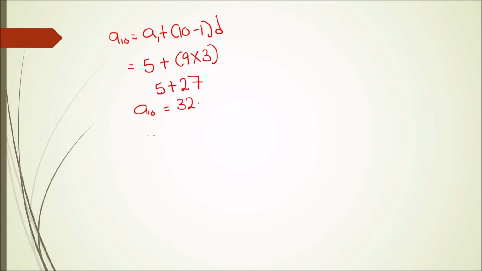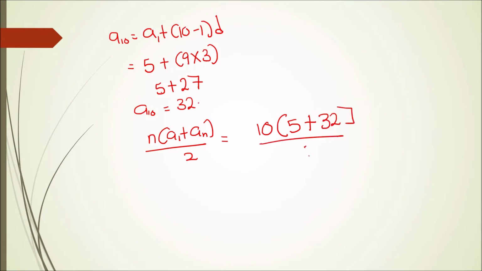So we can say now n times A1 plus An over 2. Now our n will be 10. Our A1 is 5 plus our An, that's our A10 actually, is 32. Everything over 2.